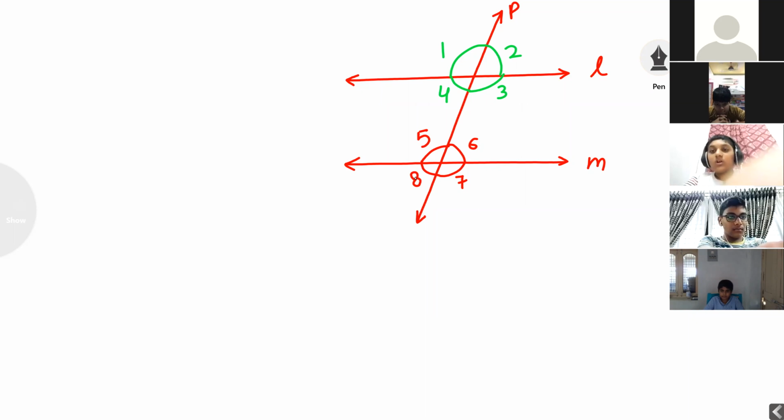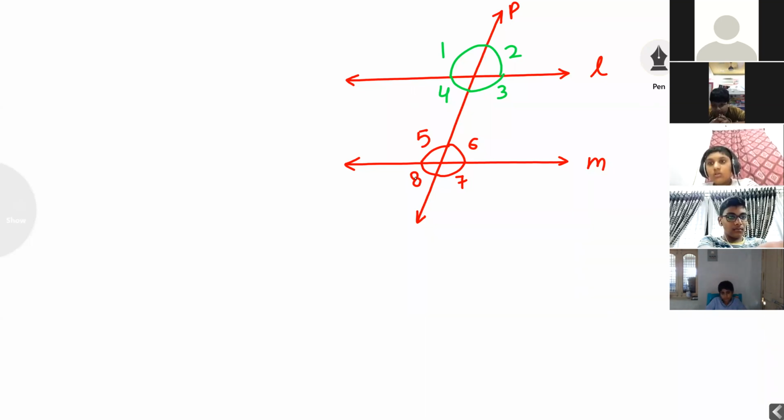Or, the second way I can say, how many angles are lying inside these two parallel lines? Angle 3, angle 4, angle 5, angle 6. These angles are interior angles.